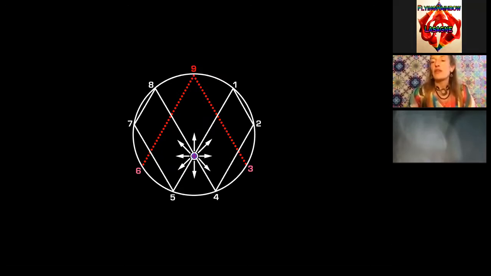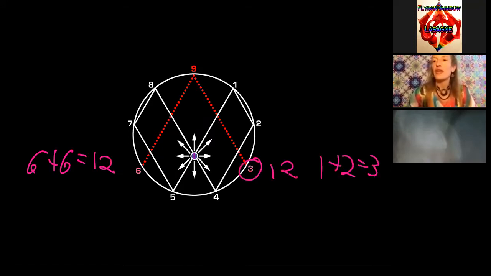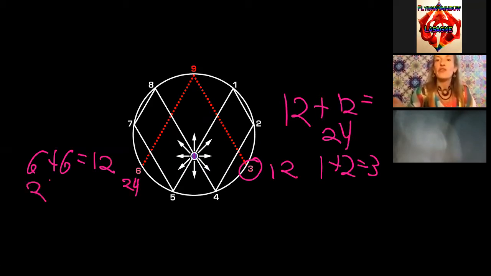So 3 plus 3 equals 6, and 6 plus 6 equals 12. So this would be a 12 over here, and 1 plus 2 equals 3. And so we go back to that 3. And then 12 plus 12 equals 24. And so this would be a 24 over here, and that's 2 plus 4 equals 6. So we have this special relationship of 6 and 3 bouncing back and forth like this.